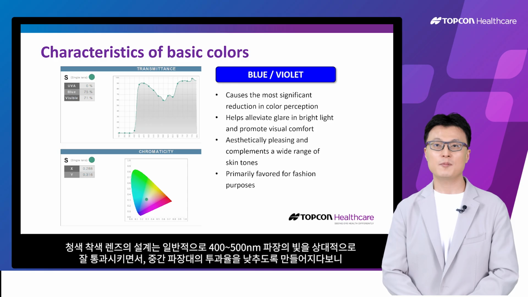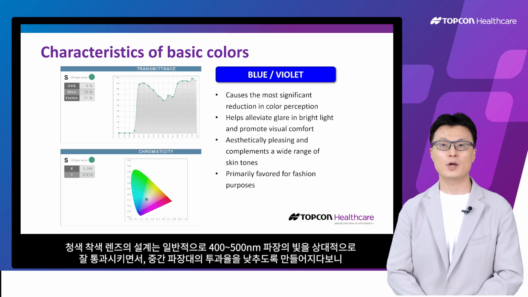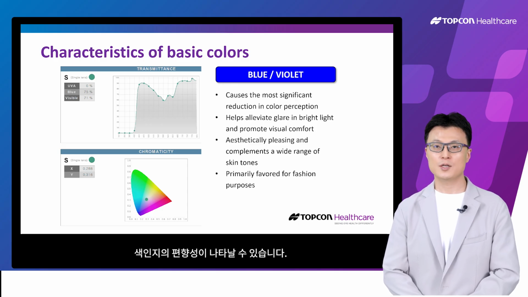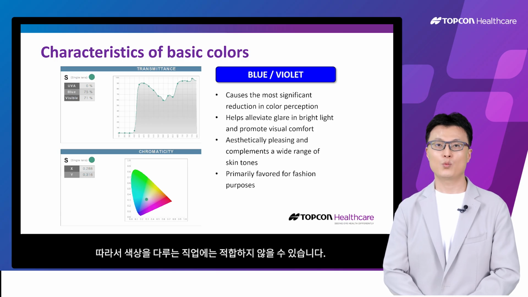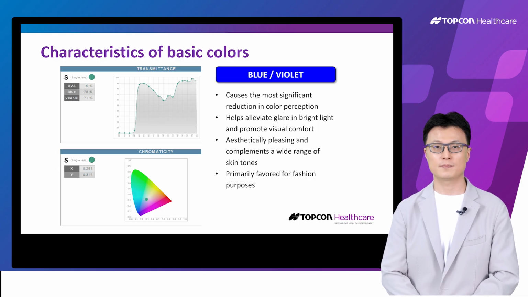Blue-tinted lenses are typically designed to allow more light in the 400 to 500 nanometer range, while cutting down on middle wavelengths. This can lead to bias in color perception, which might not be ideal for jobs that rely on accurate color discrimination. On the other hand, a bit of blue light blocking can help maintain or even slightly enhance contrast.